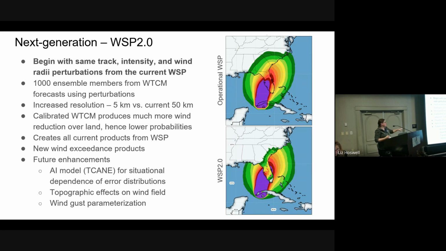We're also looking at some additional enhancements in the future, one of which I think Mark is going to talk about later this afternoon, which is TCane. And then also looking at topographic effects, because obviously we've seen that this year. But that's been a long-standing wish list item to add in, and the gust parameterization, which I'll show an example of here later. Next slide, please.